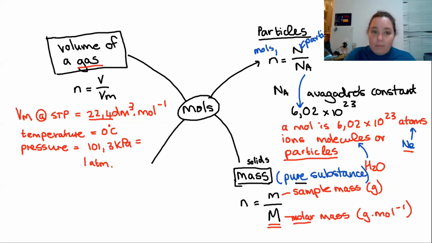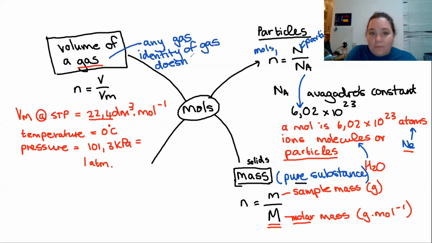So if I have 1 mole of any gas, very important here, any gas. In fact, it's even to the point where the identity of the gas doesn't affect the answer. Because we're assuming here that we're dealing with ideal gases. Okay, ideal gases, just for the record, was a section that you should have touched in grade 11.